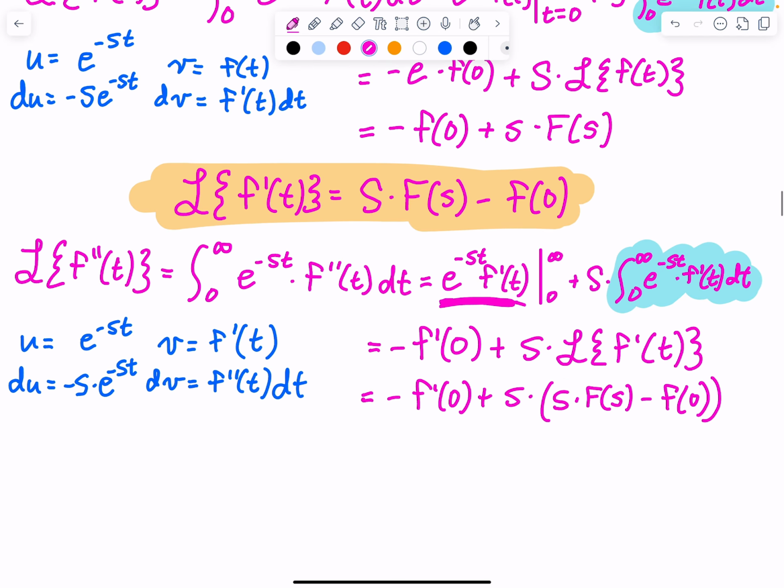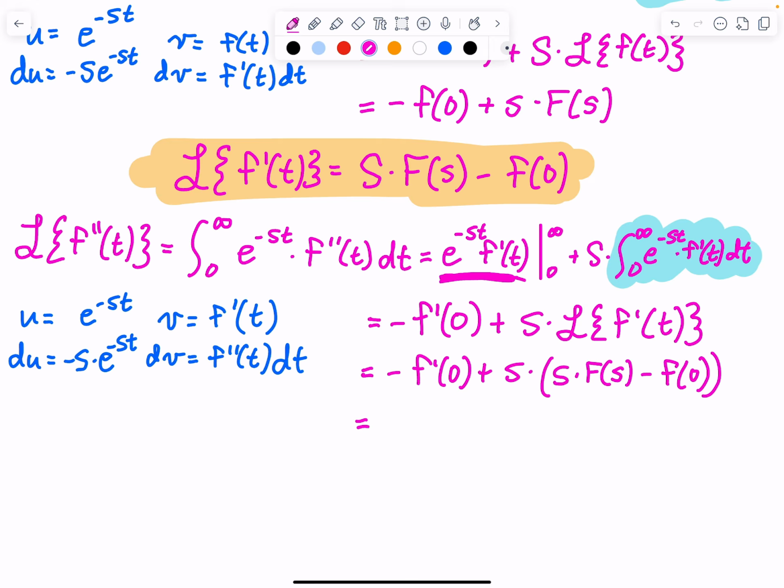All right, so let's move those things around. Do you see I have s times both of those? So I'm going to get s squared times F of s, and then a minus s f of 0. And then we minus our first derivative.